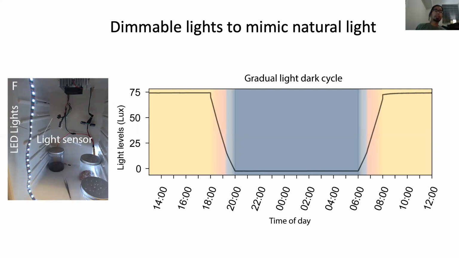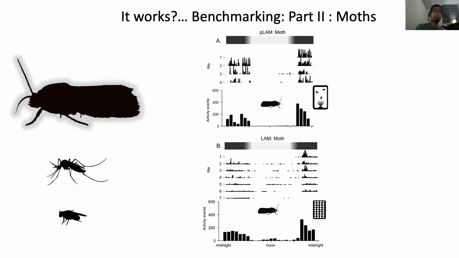But doing this in the lab, I realized the advantage of testing some of these in the lab setting, and it worked. So we did this with moths, mosquitoes, and flies. The top panel is the data from our device, and the bottom panel is the data from the LAMs.